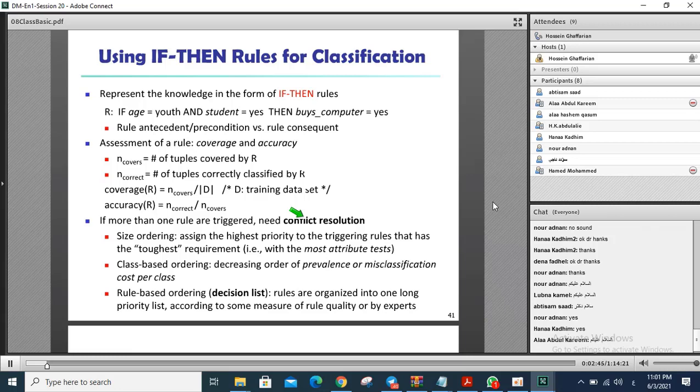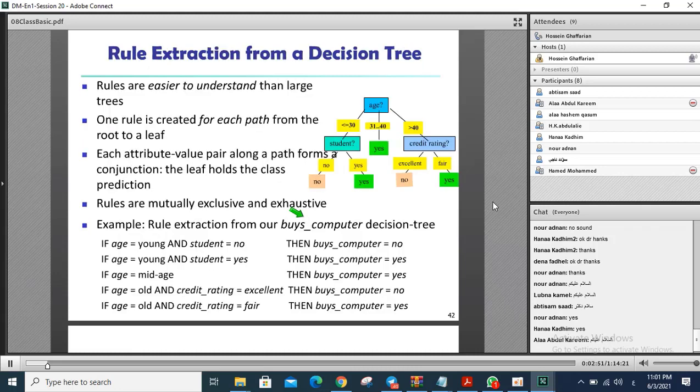So we need to resolve these conflicts using a decision list, size ordering, class-based ordering, or something like that.